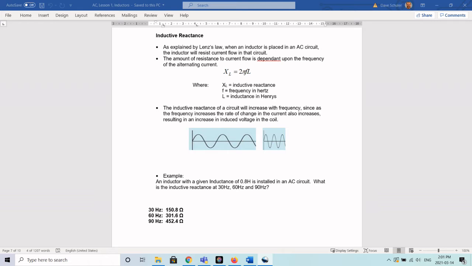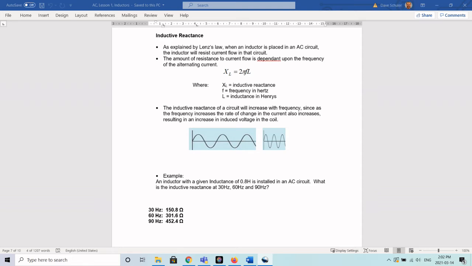So let's see what happens as we increase the frequency of that AC waveform. In the first case with 30 hertz, it is 2 times pi times 0.8. Those variables are going to remain unchanged in all three of these examples. But in the first case, we multiply it by 30 hertz, and we get an answer of 150.8 ohms.